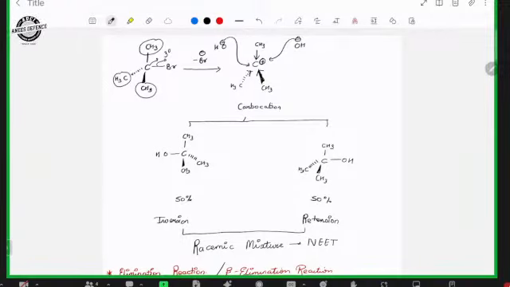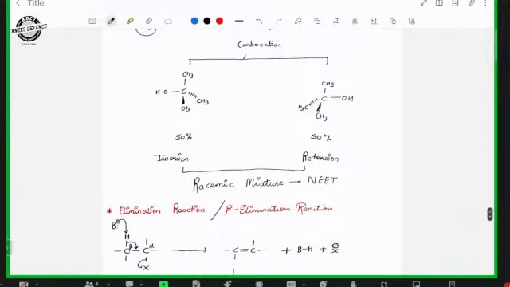In retention, the OH is present on the same side as that of the Br in the reactant. So that is retention. If it is present on the opposite side, then that becomes inversion. And a racemic mixture is nothing but 50% inversion and 50% retention. It is not like 70 and 30%. Everything will be half and half.